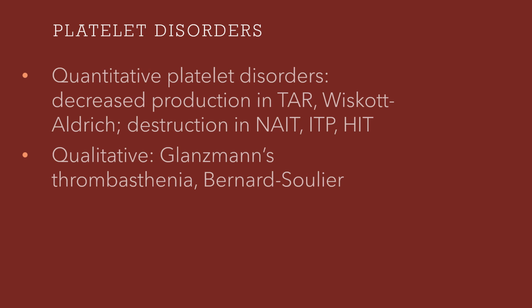So production is one of the quantitative types, and then destruction is the other quantitative type. So these are the immune types of platelet disorders. So we have the neonatal immune thrombocytopenia, we have immune thrombocytopenia that's not neonatal, so just ITP, and then there's HIT, heparin-induced thrombocytopenia. And then the qualitative ones are Glanzmann's thrombasthenia, and then Bernard-Soulier.